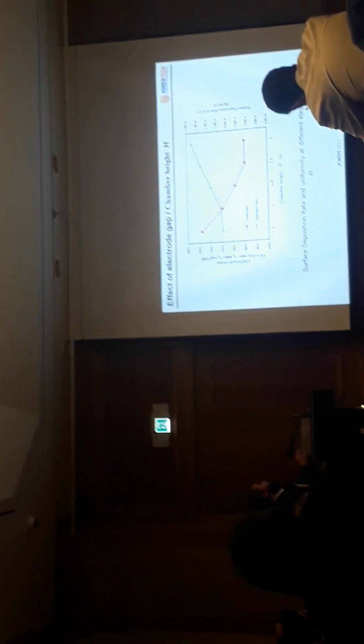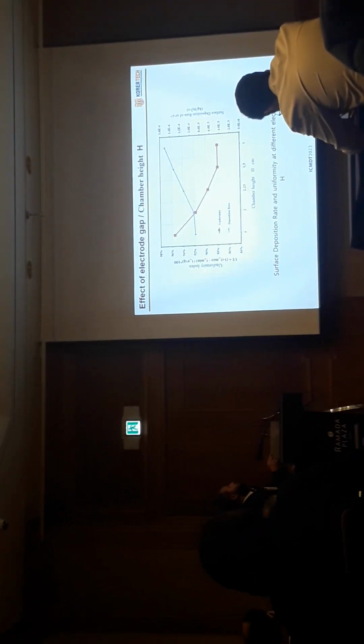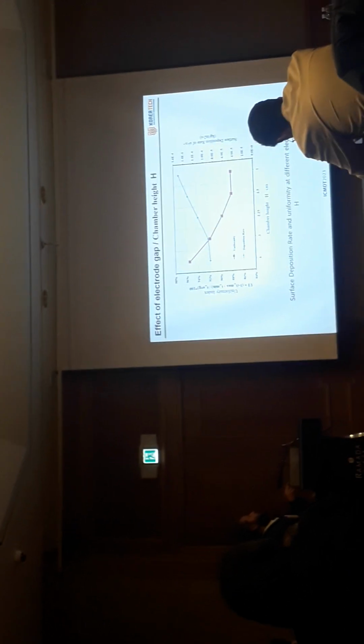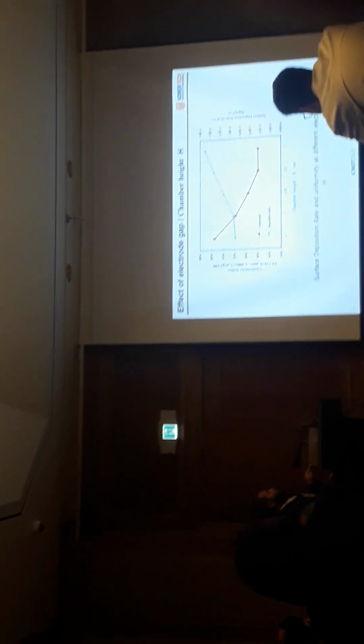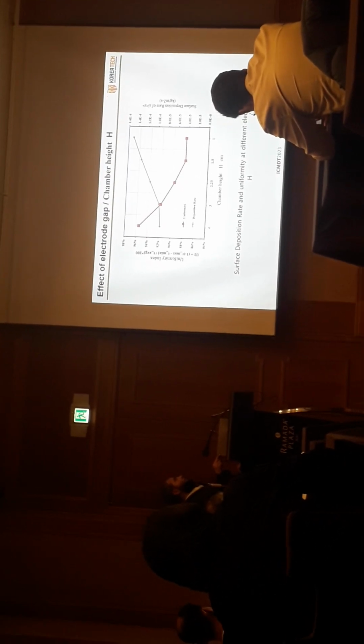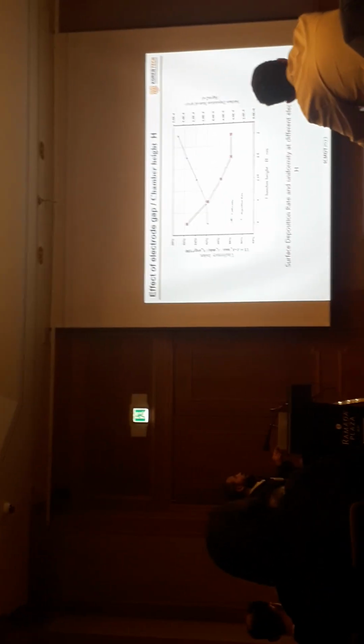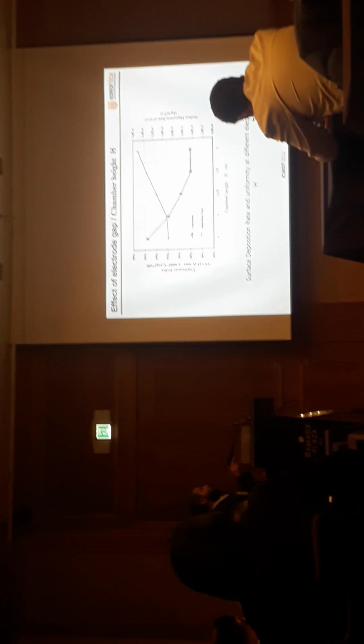And then the second study we have done was optimizing, or searching for the best gap, the chamber height or the electrode gap. We did this starting from a 1 centimeter gap up to a 4 centimeter gap. We can see that as the chamber height is increased, the deposition rate also increases.